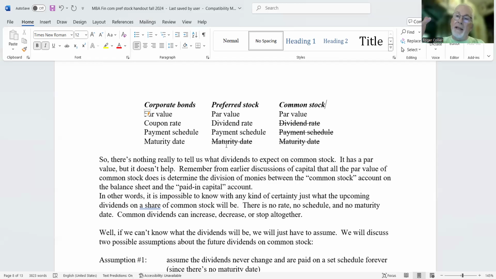If you're looking at the income statement and you start with sales and then cost of goods sold and work your way down, you'll come to interest expense. That interest expense includes the coupon payments for the bonds. So bondholders are the first ones to get paid out of sales on the way to net income.